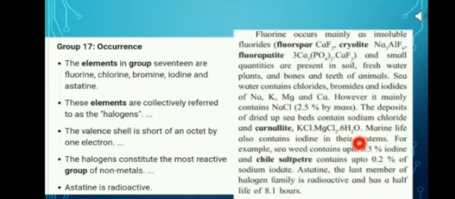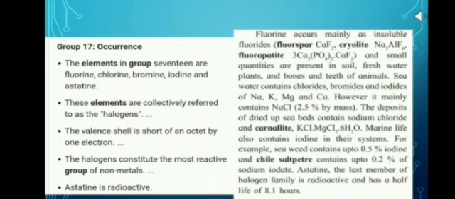For example, seaweed contains about 0.5% iodine and Chile saltpeter contains about 0.2% of sodium iodate. Astatine is the last member of the halogen family and it is radioactive and has a half-life of about 8.1 hours.